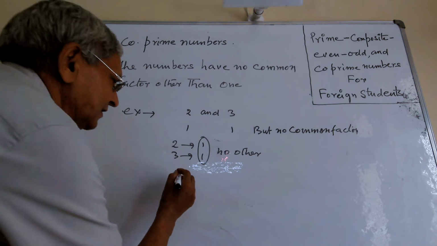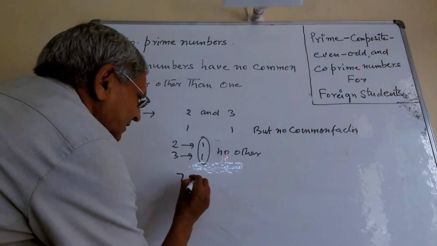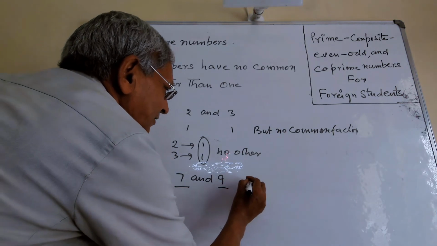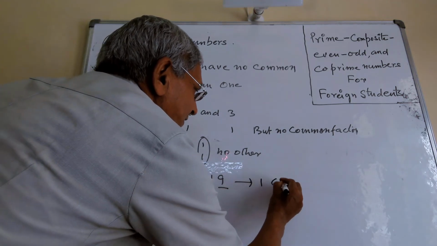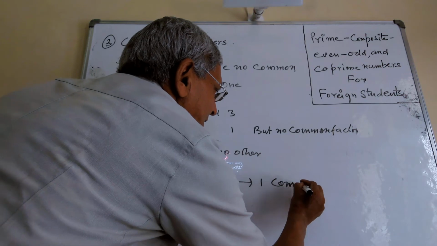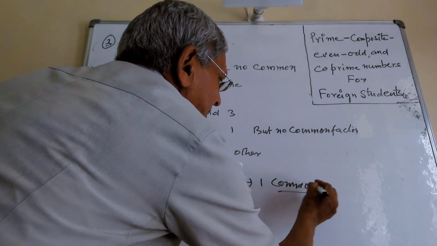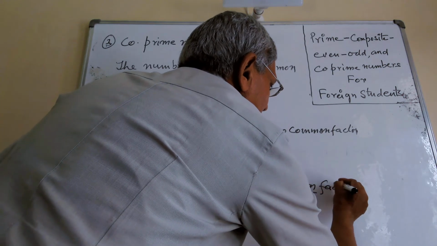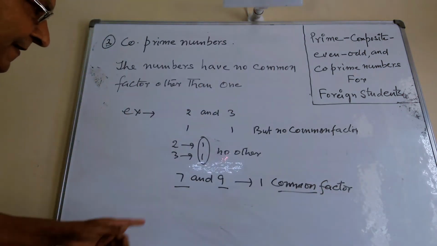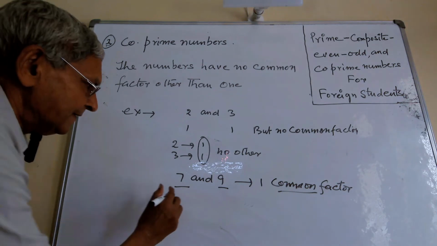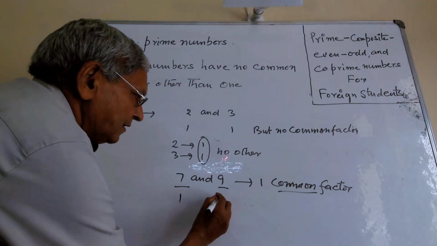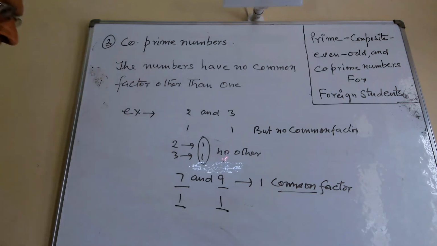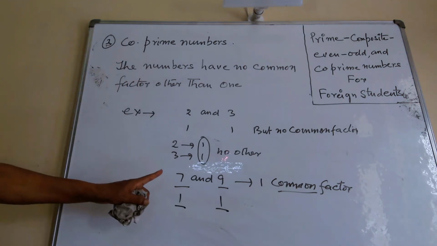In the same way, 7 and 9 have only 1 common factor. My dear student, in 7 and 9 you will see 1 is the only common factor, no other common factor.